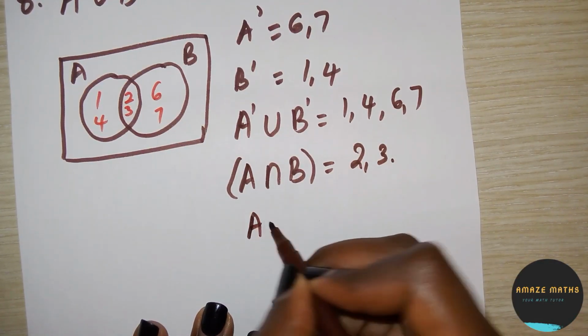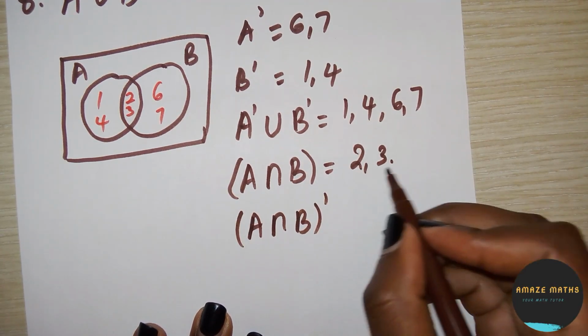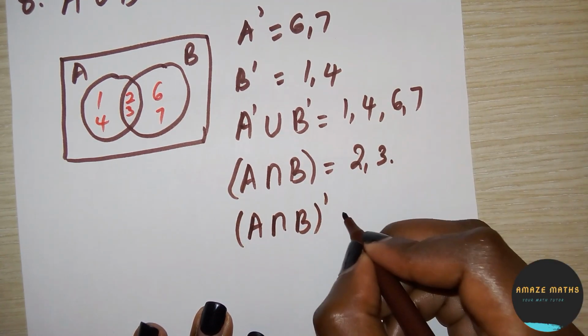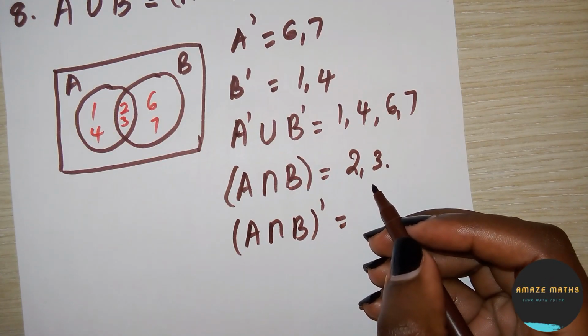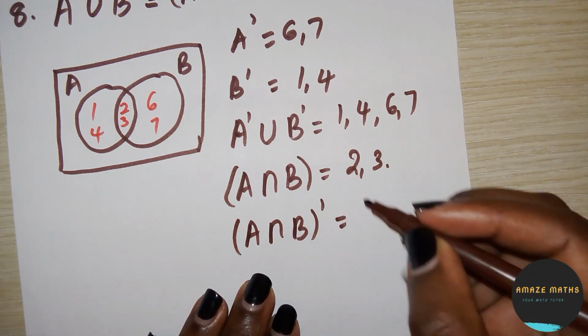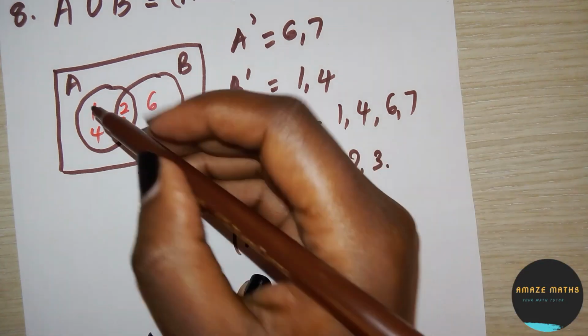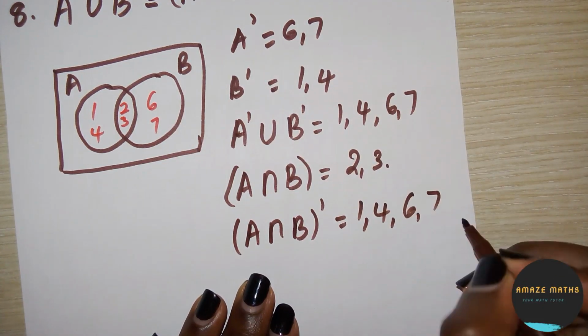So therefore, the members that are outside that region, the members that are not within this region, would be 1, 4, 6, 7.